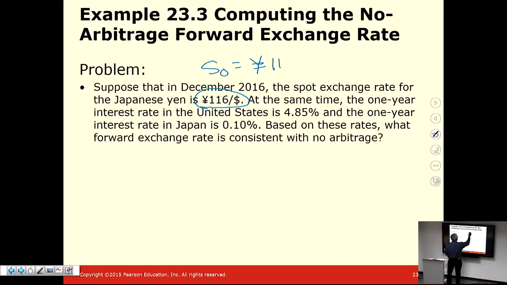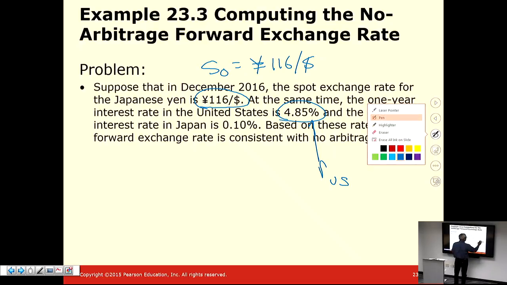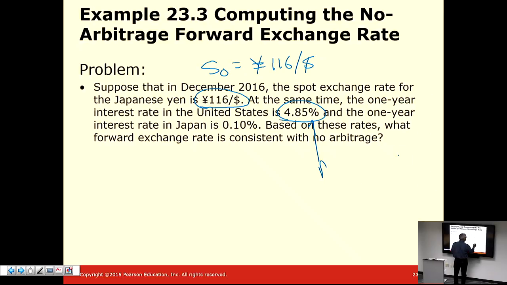It's yen per dollar. The 1 year interest rate in the US, so this is our R US, or call that the R dollar.